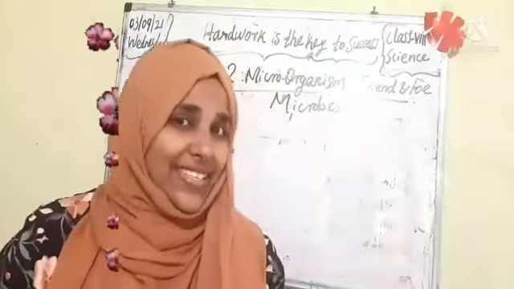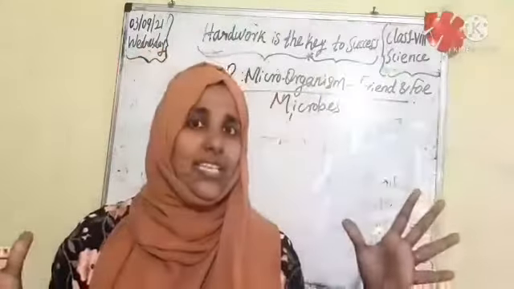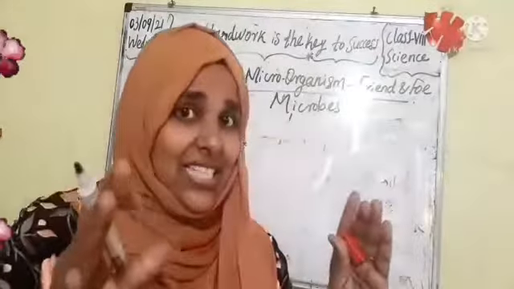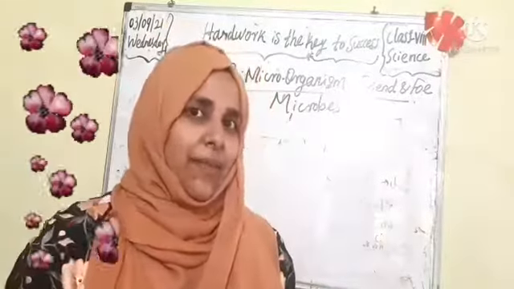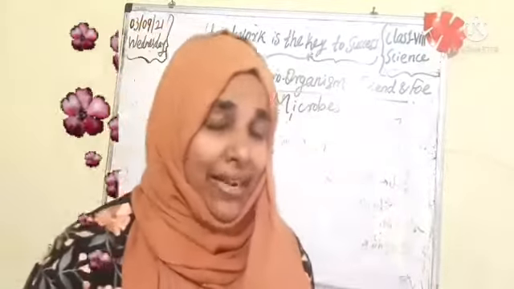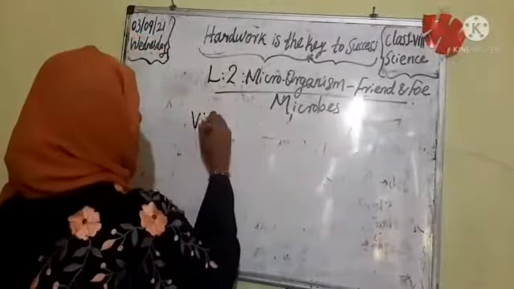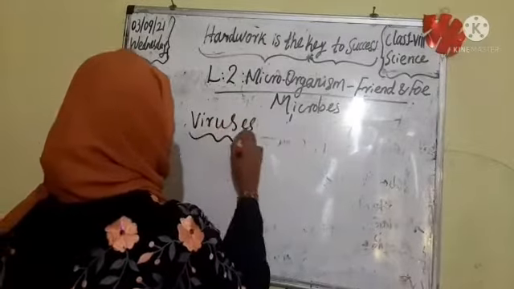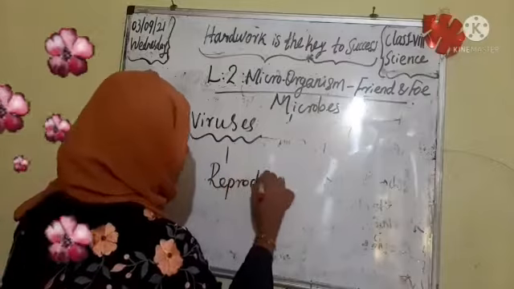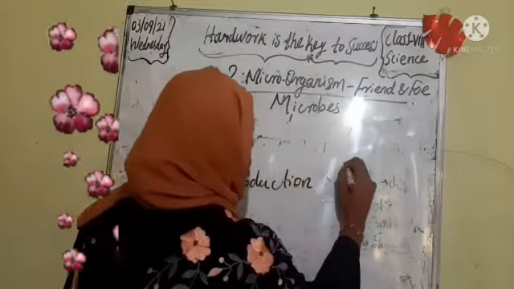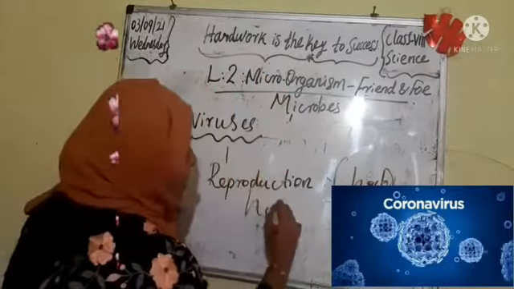So students, viruses differ from those 4 microorganisms, because they reproduce in someone's body, in any living organism. It may be amoeba, or bacteria, or human itself. Viruses are different from other microbes because their reproduction happens in some other host. They need a host. It may be human itself.